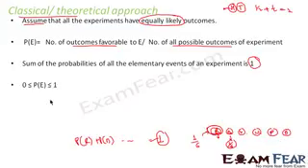Also, one more thing, any probability is always greater than or equal to 0 and less than or equal to 1. When it is equal to 0, it means impossible, that it will never come. For example, from this set of balls, red, blue, yellow, white, pink, orange, I want to withdraw a brown ball, but there is no brown.